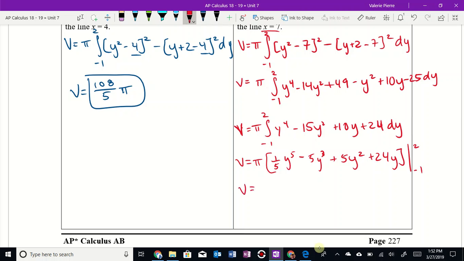So V is equal to pi times 32 over 5 minus 40 plus 20 plus 48, minus -1/5 plus 5 plus 5 minus 24.